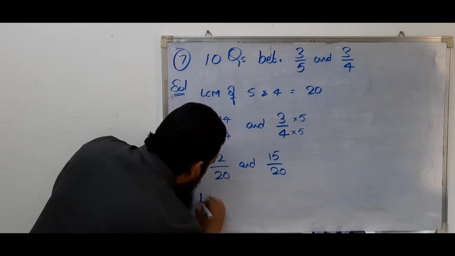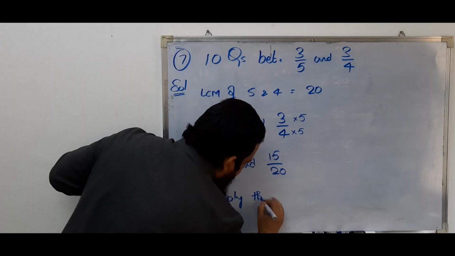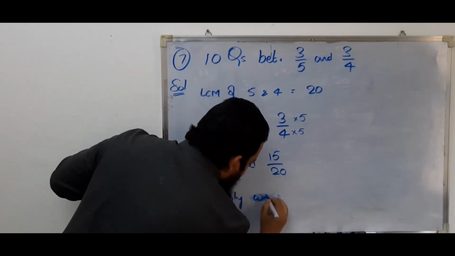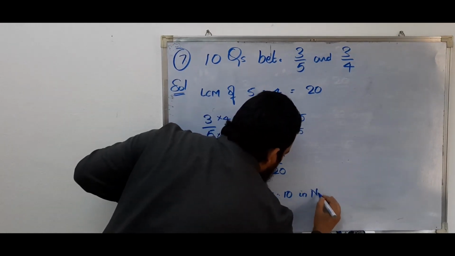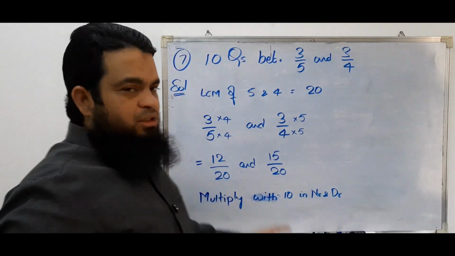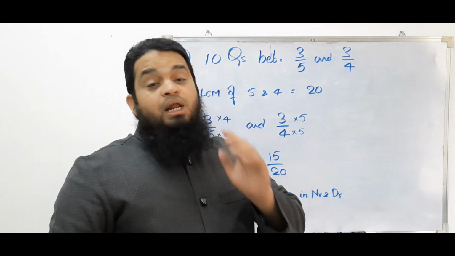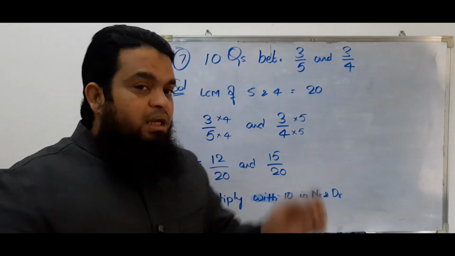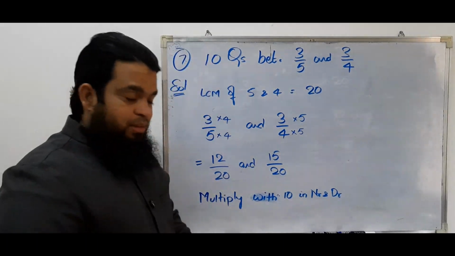But here, already you have two rational numbers, so you can directly multiply with 10. If you don't have a rational number between the given two rationals, then you have to multiply with n plus 1, that means 10 plus 1, 11.